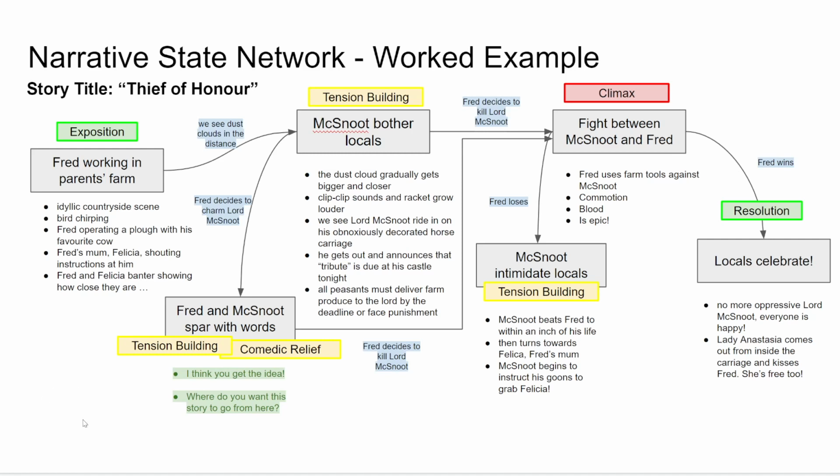But if you just keep using this device of keeping note of where the stage of the tension, or the story stage, is, you can control the narrative arc this way. So you can never end up in a situation, or maybe you do, but you at least have some visibility where you can see where each pathway is going in terms of the narrative arc, and you can kind of control it that way.